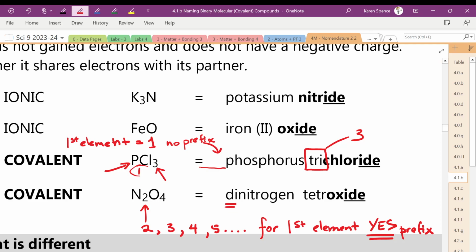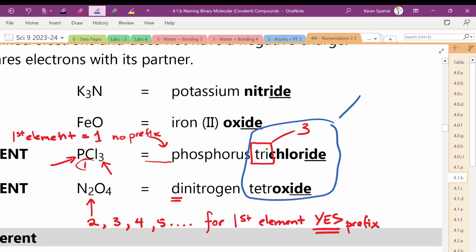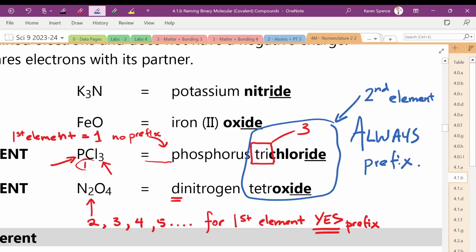Second element, always prefix. And if this all seems a bit confusing right now, don't worry, we're going to do a bunch of examples to make it less confusing.